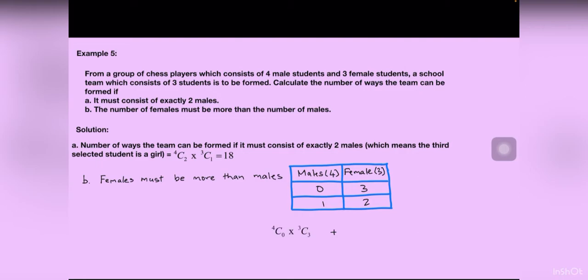So the number of ways is 4C0 times 3C3, or plus 4C1 times 3C2, so 1 plus 12, we have 13.